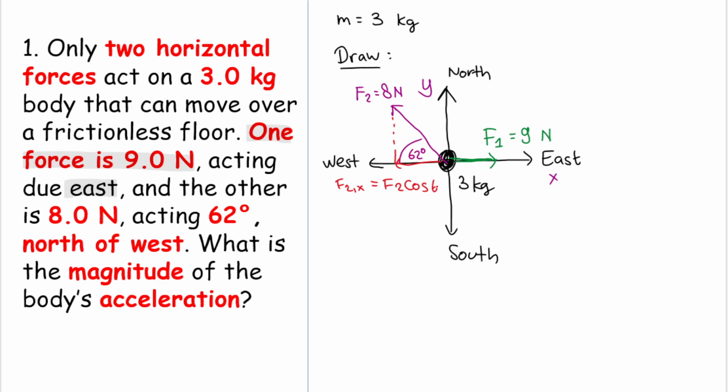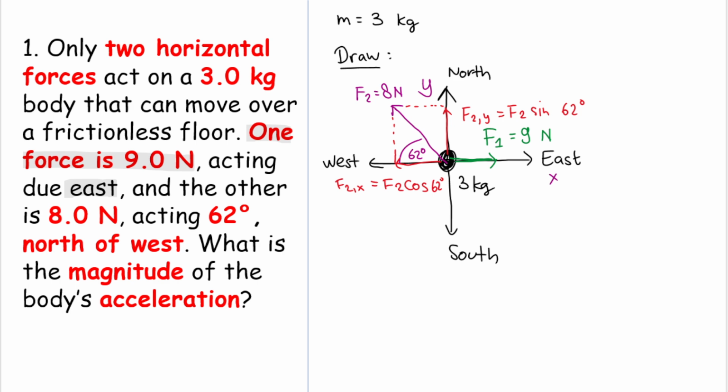And what is theta? 62 degrees. Good. We can also project this force onto the y-axis. So we will have F2 on the y direction here. That will be F2, but this time multiplied by sine theta, because that is the opposite, right? So we'll have opposite over hypotenuse, and we put that into this y-axis. So I'll have sine 62 degrees. Good.